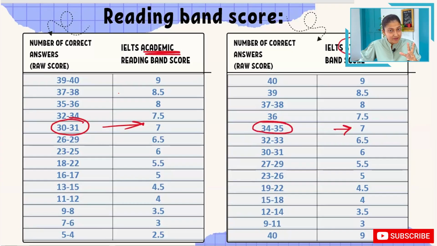We saw this difference. What does it mean? It means that scoring in general training is slightly difficult, but at the same time, in section 1 and section 2, there are small texts, right? So that makes it simpler for a general training candidate to get to the answer faster.